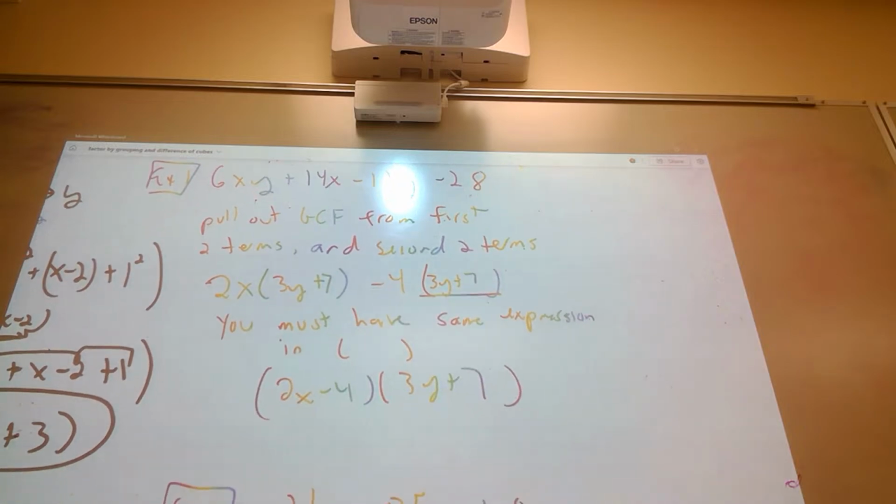Okay, let's see you do this one. 21xy minus 35y plus 18x minus 30.